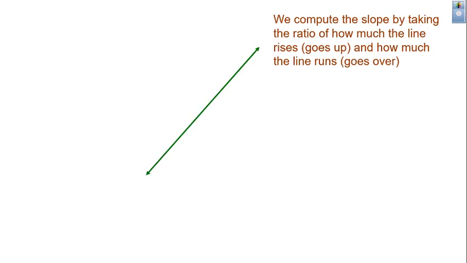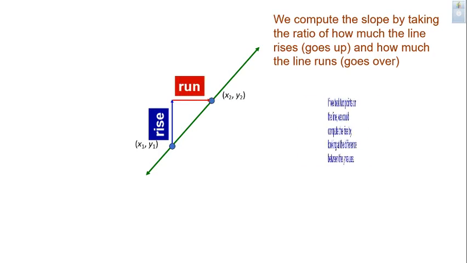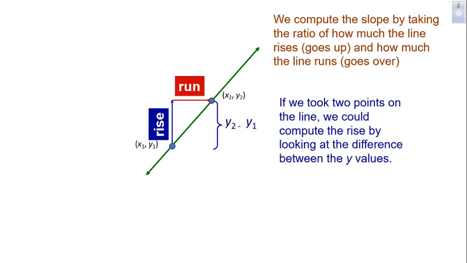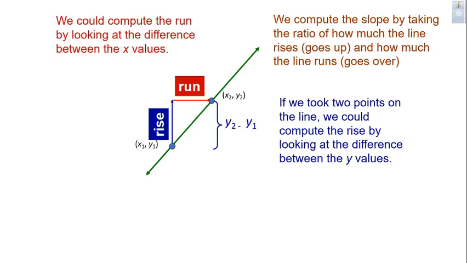Now, how do we determine the slope of a line? The slope of a line is the rate of change of the y value with respect to x. In order to do that, we have to find out how much the y value changes versus how much the x value changes. The change in y value is called the rise, which is y2 minus y1, the second y value minus the first y value, over the change in x value, which is called the run, which is x2 minus x1.